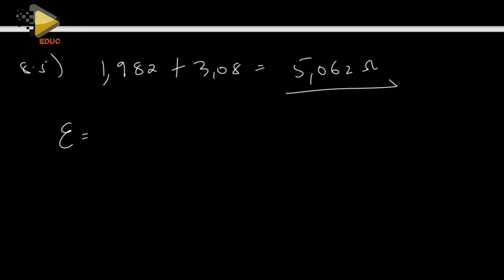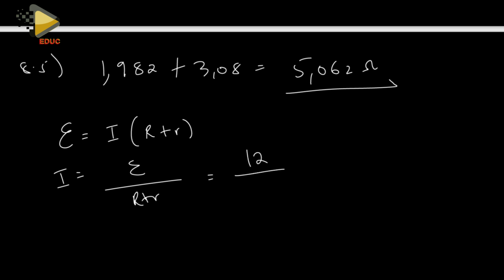Then if I go back to the EMF, where I have I into R plus small r, we need the current, which will be EMF over R plus r. Substitute: 12 over 5,062 plus the 0.2. Okay, punch this into the calculator.